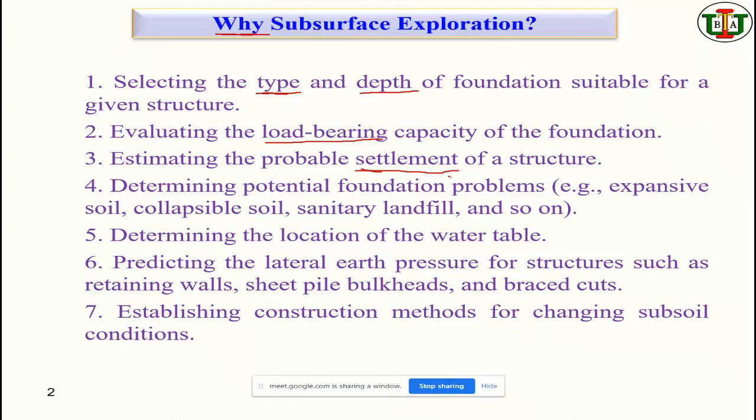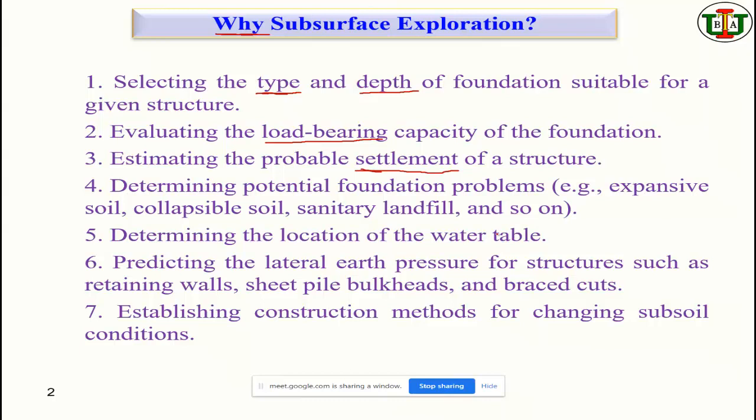And determine the potential foundation problems. Suppose your soil layer might have some problem, like maybe it is expansive soil, it might be collapsible soil, or a sanitary landfill. Sometimes you will find decomposable materials in the soil, like biodegradable materials, which have a higher rate of settlement in the longer period.